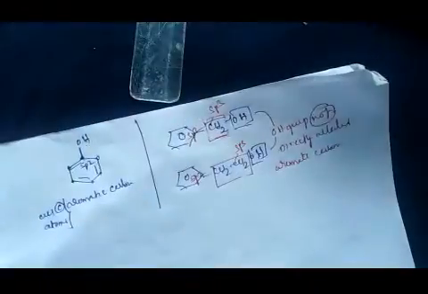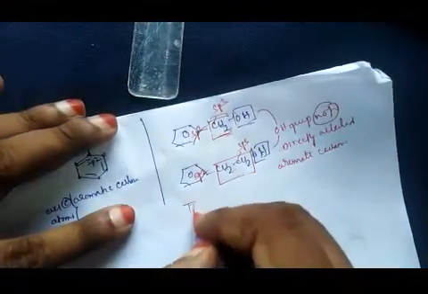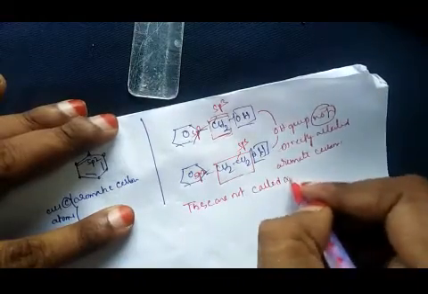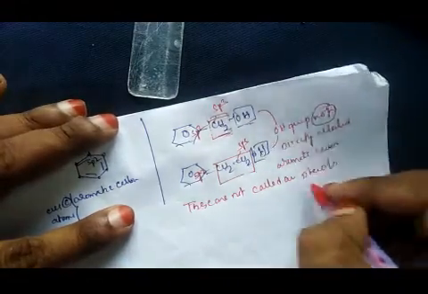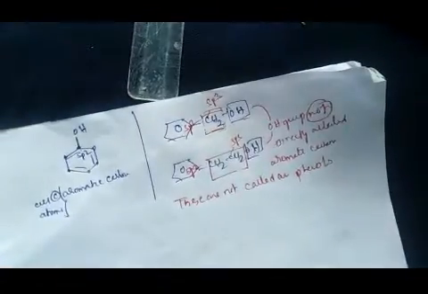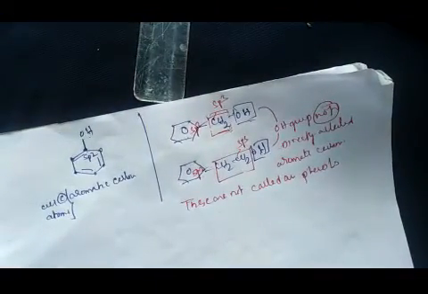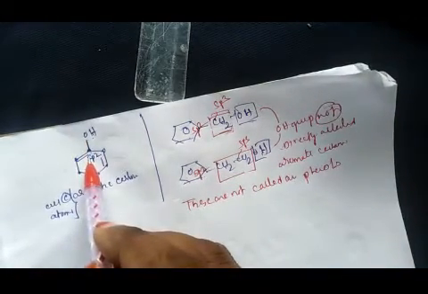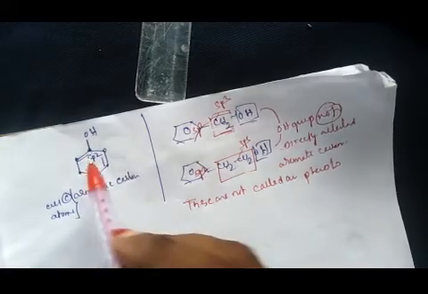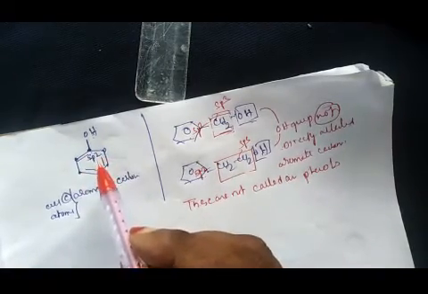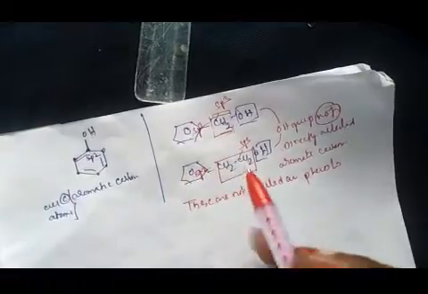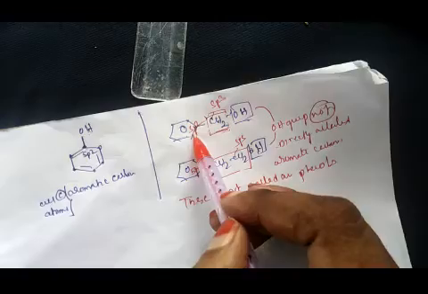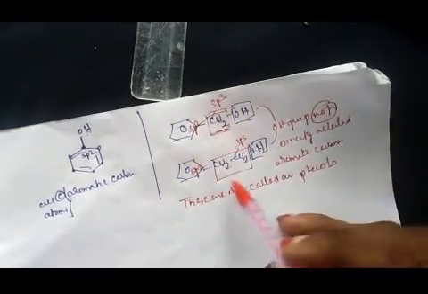So these are not called phenols. Why? In the definition itself we know that the OH group must be directly attached to an aromatic carbon atom. Only such compounds are called phenols. But here the OH group is not directly attached to an aromatic carbon atom. In between there is a CH2 group, and here there is an ethylene group.